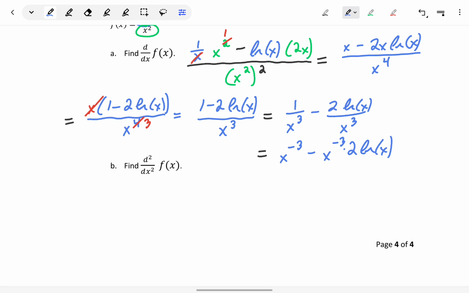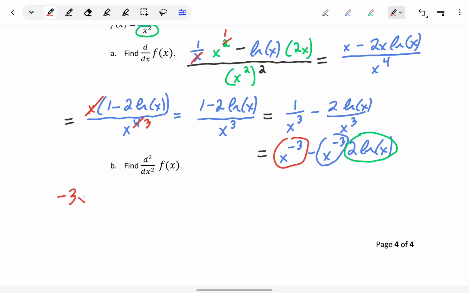Now I don't need an application of the quotient rule. I will need to apply the product rule to find the derivative of that second term, since we have one function which is x to the negative third and one function which is 2 times the natural log of x. But this first function differentiates very simply.